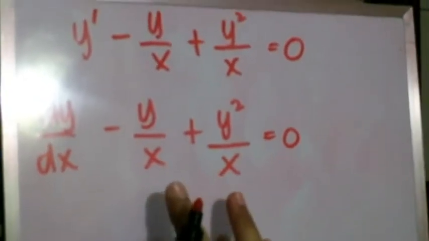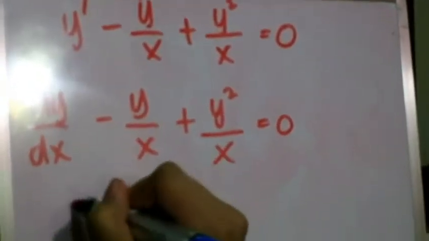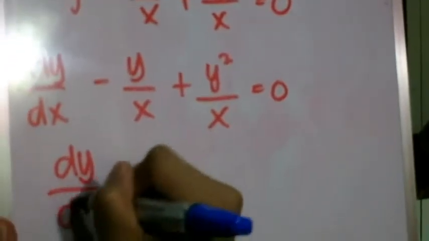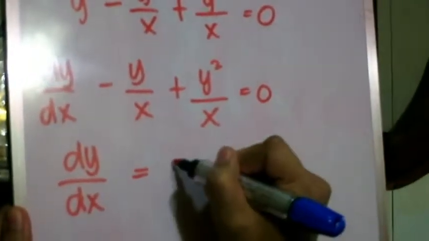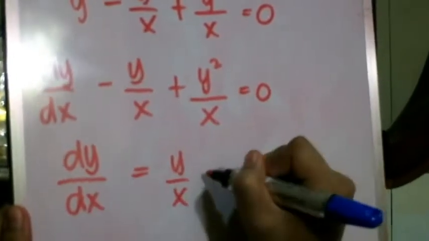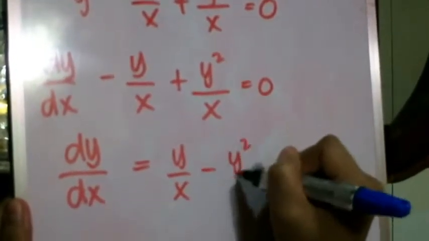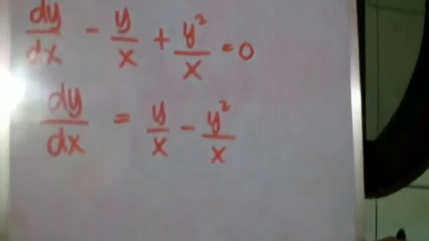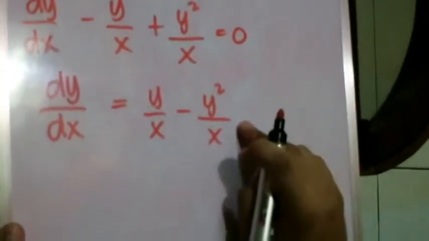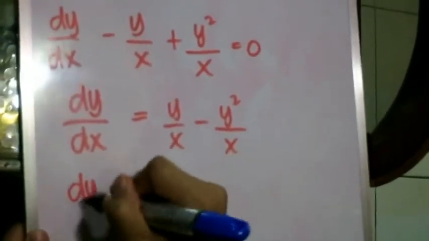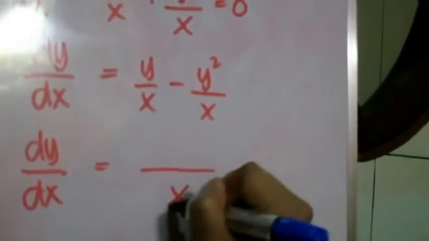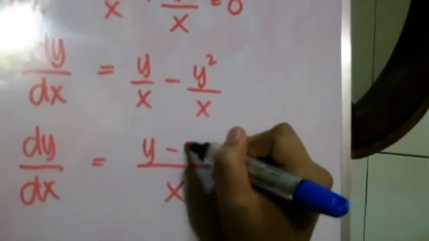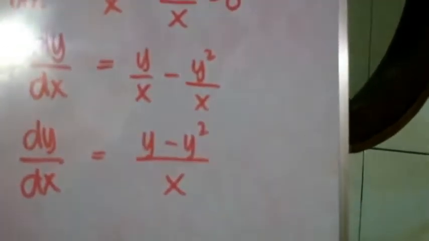Transferring these terms to the other side, we have dy over dx equals y over x minus y squared over x. Combining this into one equation, we have dy over dx equals the quantity y minus y squared over x.